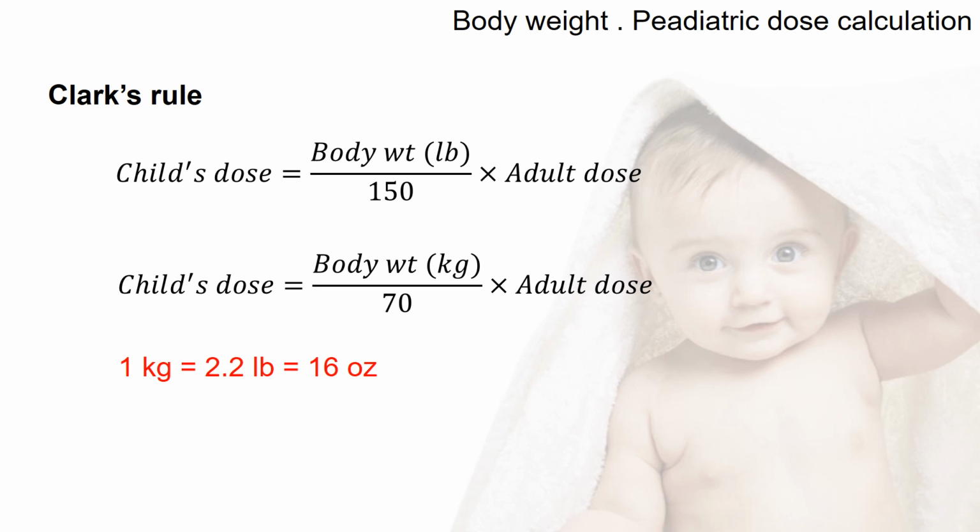The other way to calculate pediatric dose is based on the body weight, and in this case we can use Clark's rule. Clark's rule is based on the body weight in pounds or kg. For your information, 1 kilogram is equal to 2.2 pounds or equal to 60 ounces.